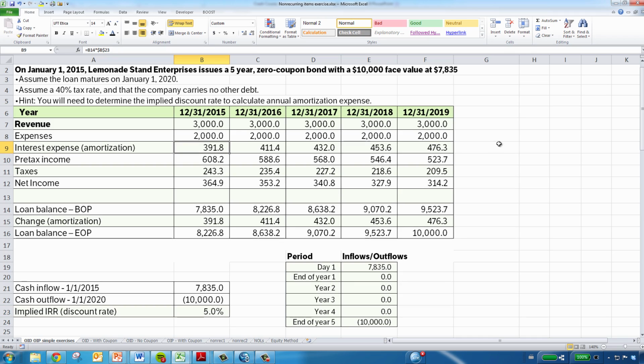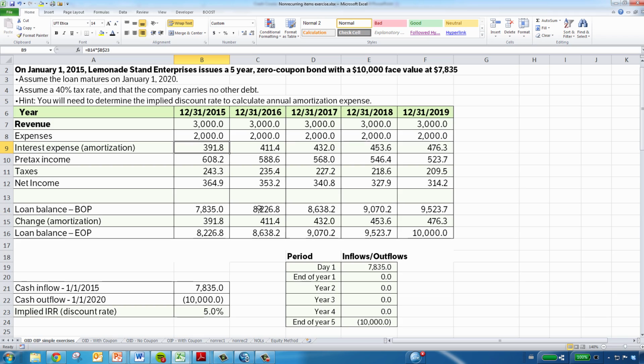So at 5%, what kind of interest expense would that yield? The way to calculate that is simply to go into interest expense and take that 5%, which is my implied interest rate, times the original loan balance. That gets you the interest expense that needs to be recognized during that period, that $392 million.